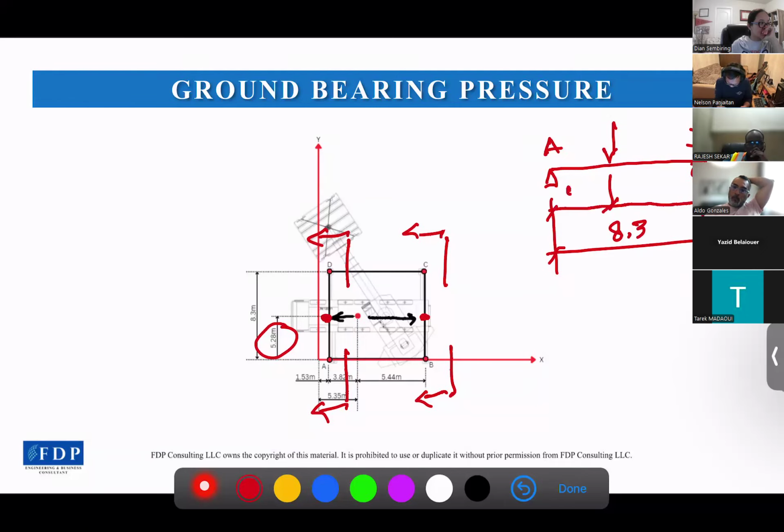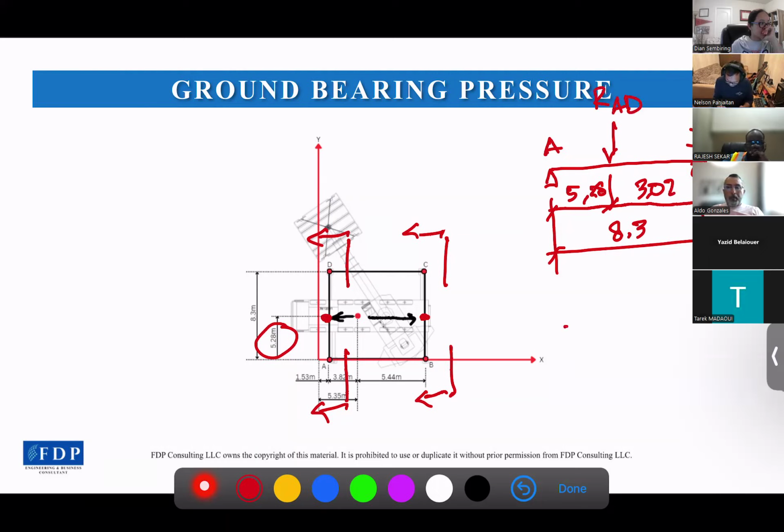And this is 5.28. 8.3 minus 5.28, and this will be 3.02. And this is the reaction we get for the AD.